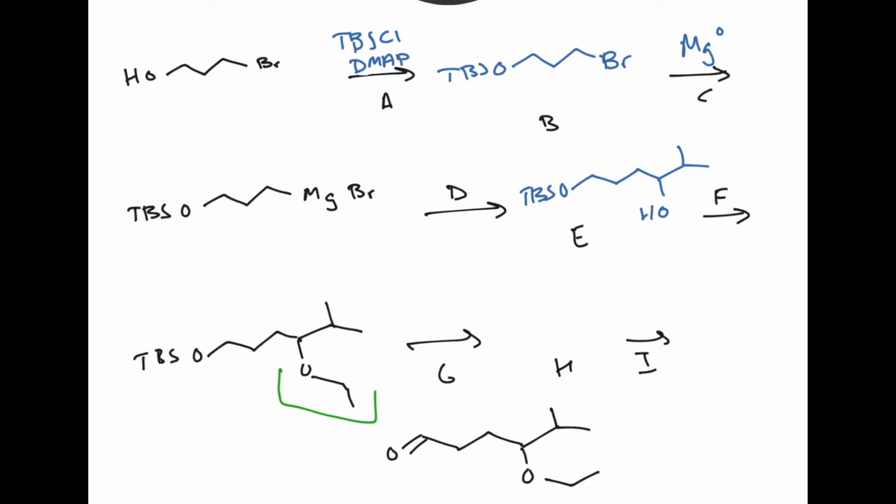Do you guys remember the base you need for a Williamson ether synthesis? Usually you get it with sodium hydride. And then I'm adding two carbons to that oxygen, right? One, two. So I'm just going to need two carbons and a halide.